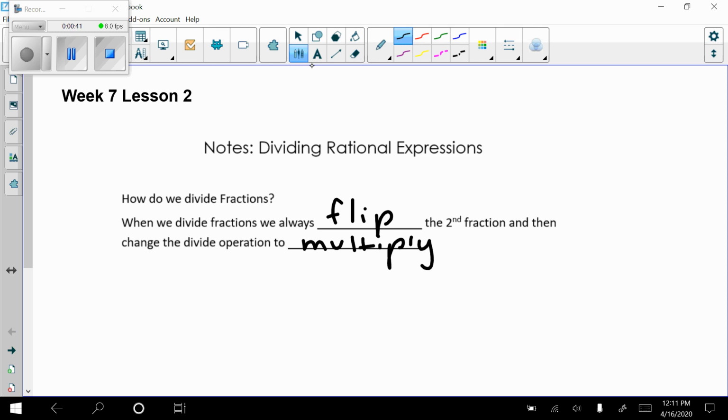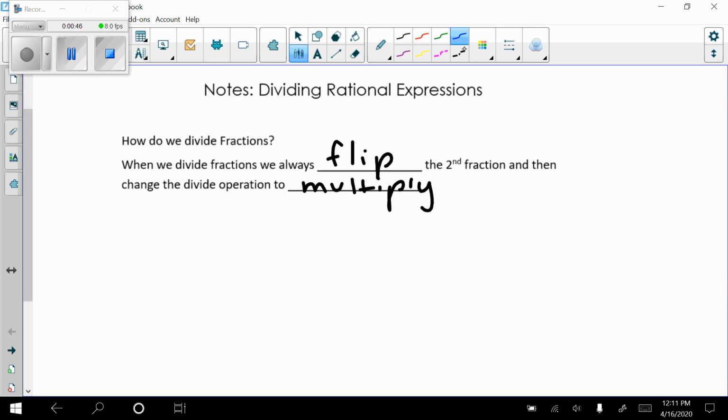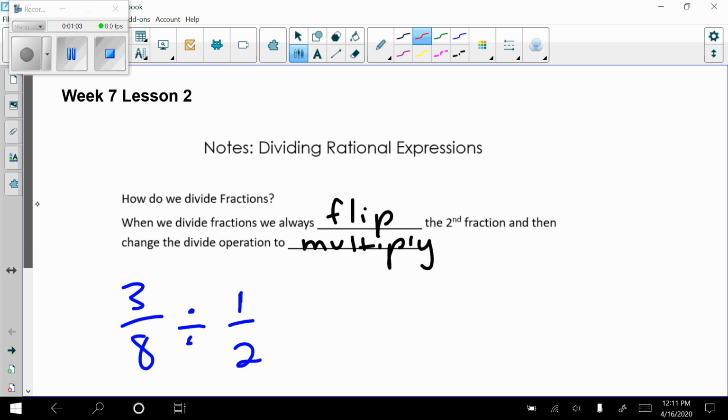So it is very similar to what we did before, but let me refresh your memories on how we actually divide fractions. So as just an example with numbers, let's take 3/8 and we're going to divide that by 1/2. I know that it's been a long time since you've just done fractions like this. We're going to use something that's kind of like a saying that helps you remember what to do.